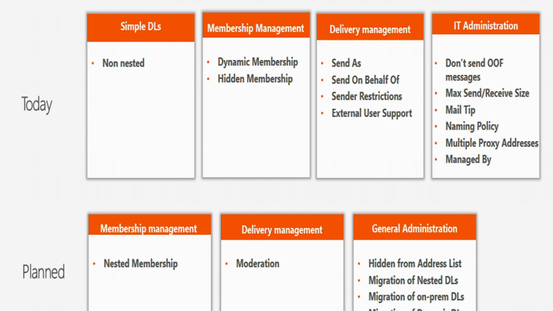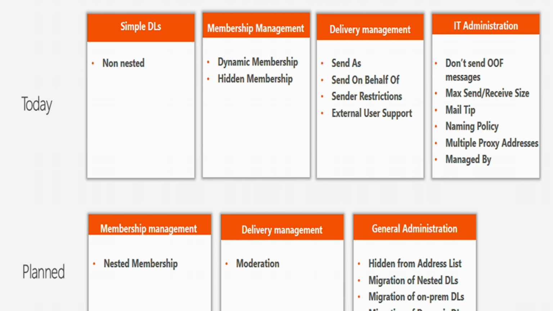We've released a number of features to close the gap between distribution lists and groups. All the features in the top section are available or getting rolled out, and will soon be available for you. The DL parity features like send as, send on behalf of, and sender restrictions are all getting rolled out, or for some of you it might already be available.